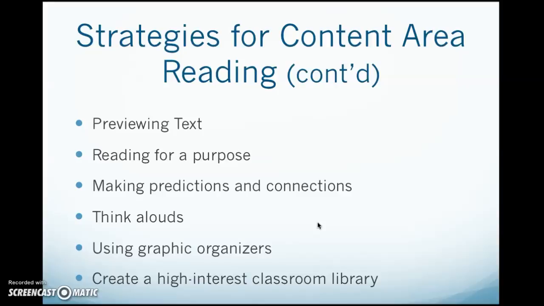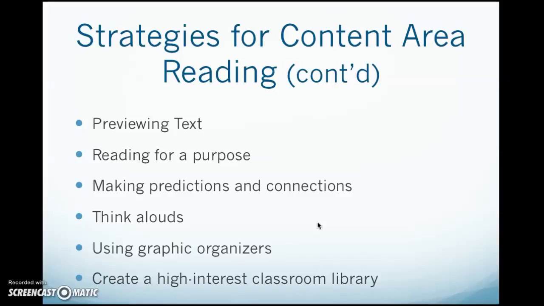Some more strategies for content area reading are previewing text, reading for a purpose, making predictions and connections, doing think alouds, using graphic organizers, and creating a high interest classroom library. All of those strategies will help build a firm foundation for reading instruction for these young students and for older students as well.